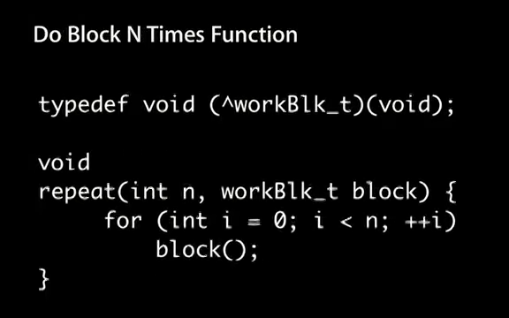But anyway, to complete the story, the implementation of repeat is very simple. It takes one of those blocks as a parameter, and then it just calls it like it was a function. And whatever you passed in happens. So it's both simple to create and simple to use.